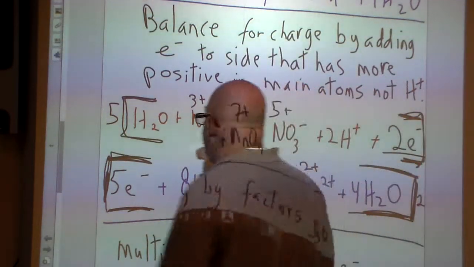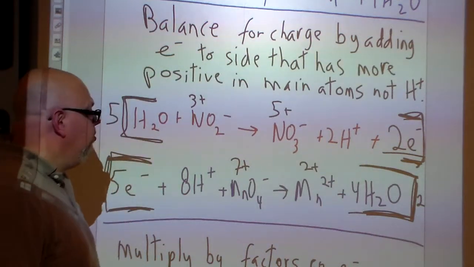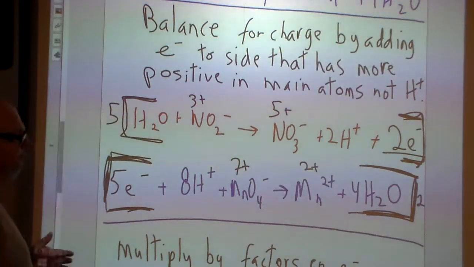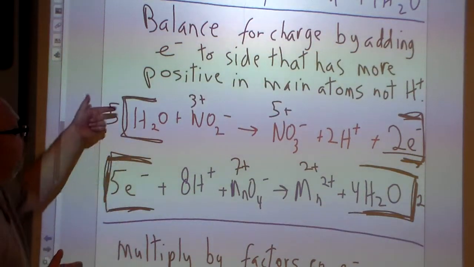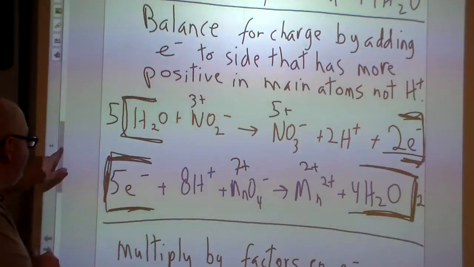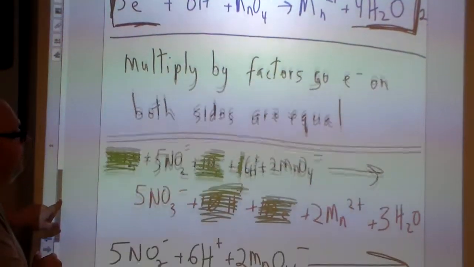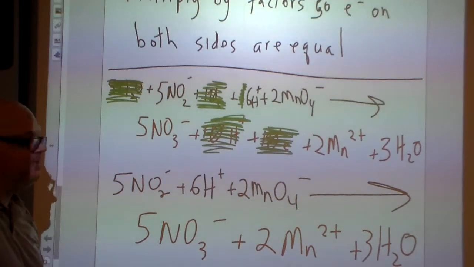Then after that, you're going to multiply both half reactions by whatever factor of electrons they have in common, like 2 and 5 is 10. Then you combine it into one combined mess.